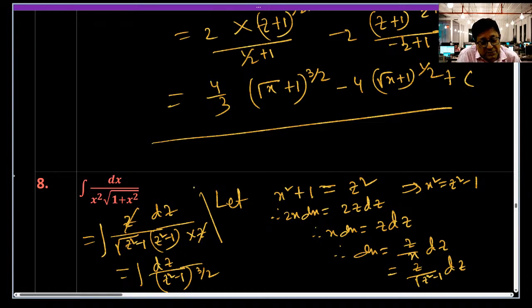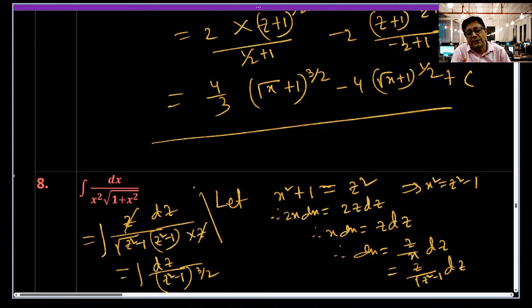Now what? Is there any way to do this sum? So we can go for another substitution here, not x square plus 1 equals z square, it will not work. This is a bit difficult sum.